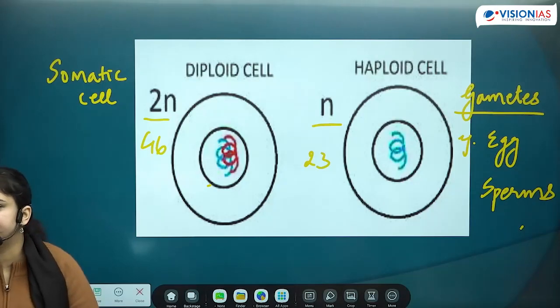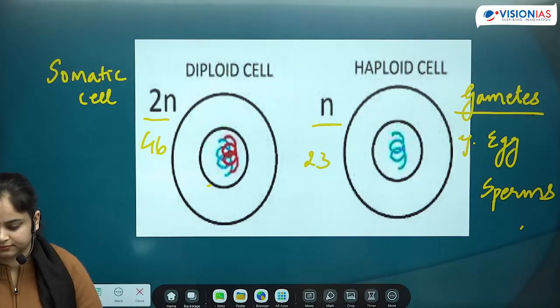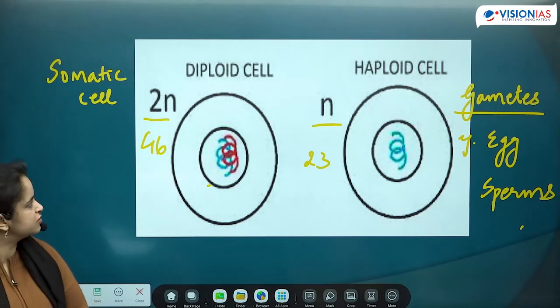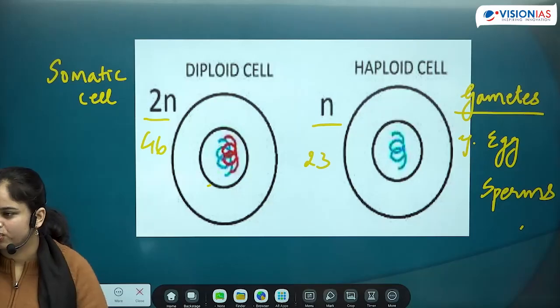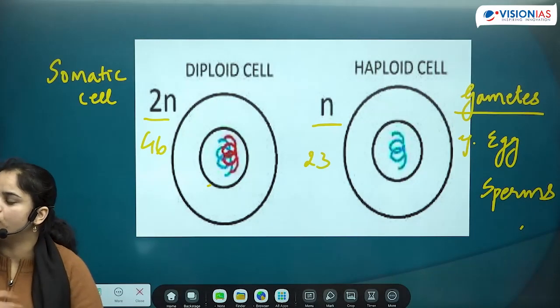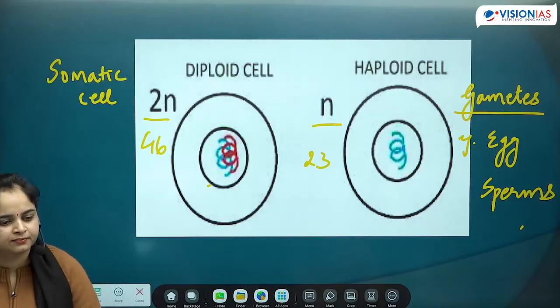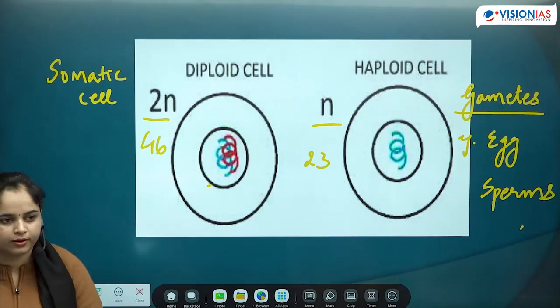It is represented as 2n. Somatic cells, that is all the cells other than the gametes, are diploid.